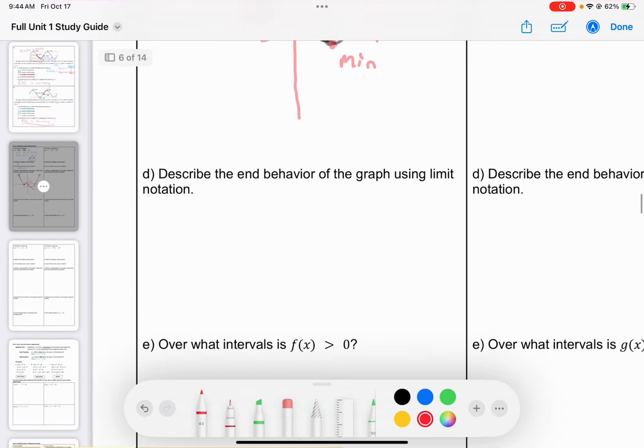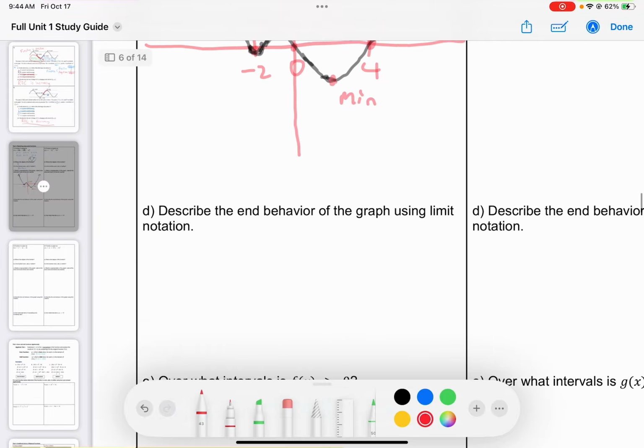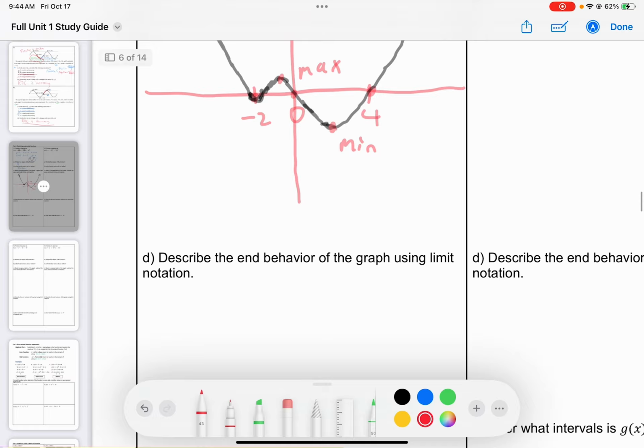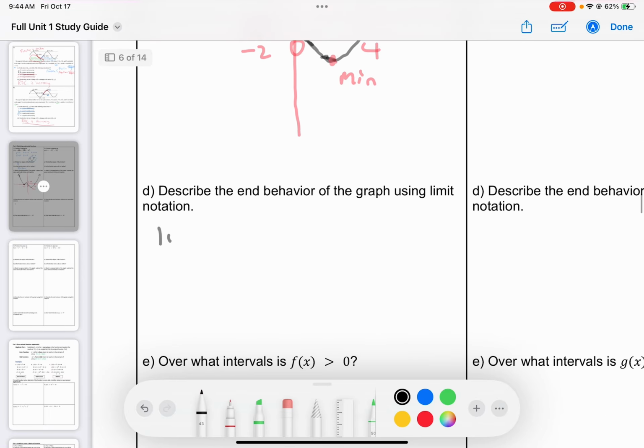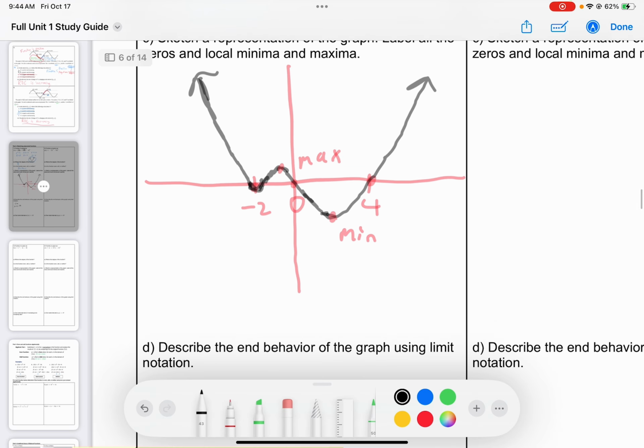Yes, describe the end behavior of the graph using limit notation. Okay, well, what happens as x heads towards negative infinity? Where does this graph head? As I go forever in this direction, where are we headed in the output? Well, it's clearly headed up.